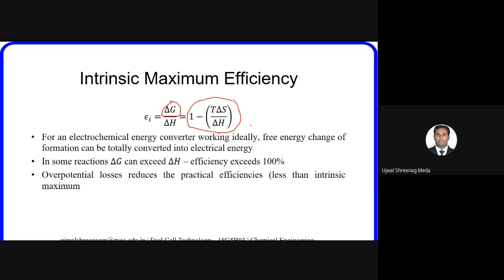So that is a justification for what we observed. Temperature is rising, so the T delta S part is increasing. That means the energy converted into heat is increasing, and the energy converted into electricity is decreasing. Any doubts in this regard?